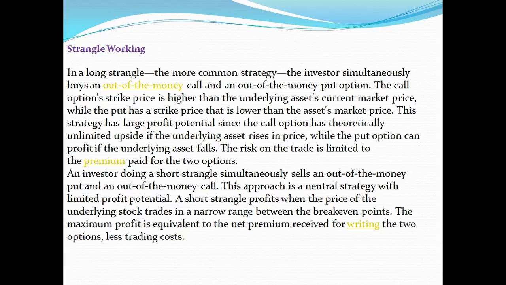It's how a strangle works. In a long strangle, the more common strategy, the investor simultaneously buys an out of the money call and an out of the money put option. The call option strike price is higher than the underlying asset's current market price, while the put has a strike price that is lower than the asset's market price.